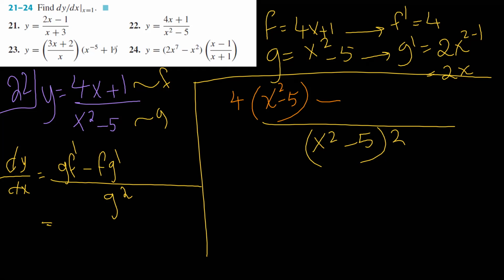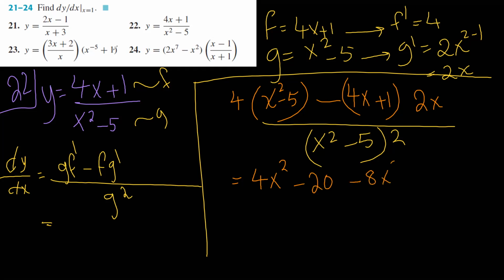Where is f? It is 4x plus 1 times g prime, which is 2x. So it is 4x squared minus 20 minus 8x squared minus 2x, over (x squared minus 5) squared.